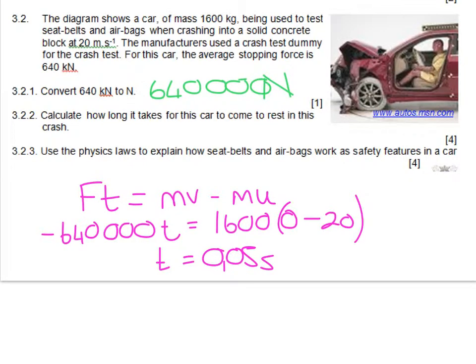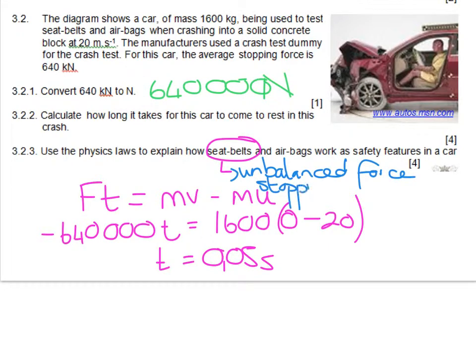Use the physics laws to explain how seatbelts and airbags work as safety features in cars. So seatbelts end up being the unbalanced force stopping inertia carrying a person forward in the case of a sudden stop.